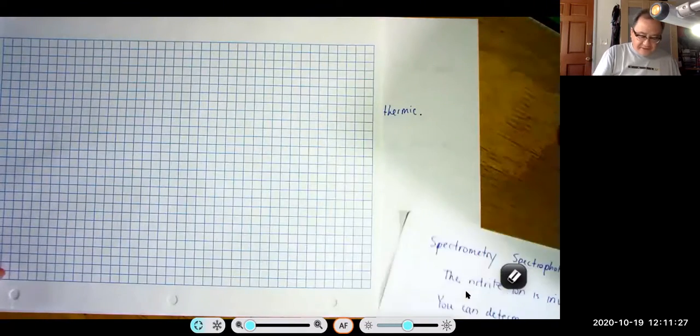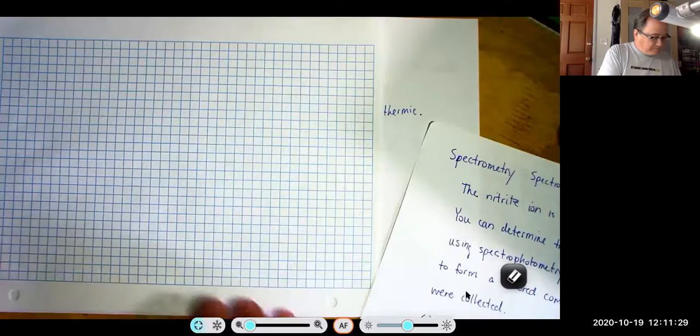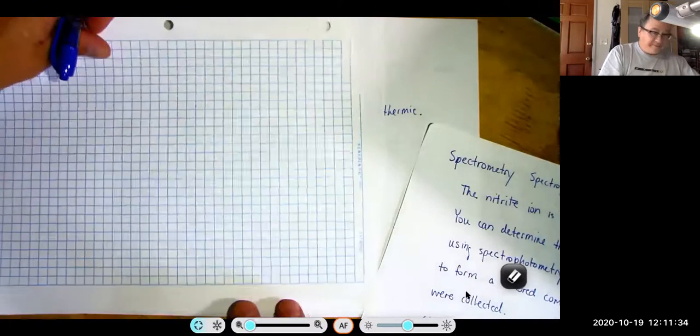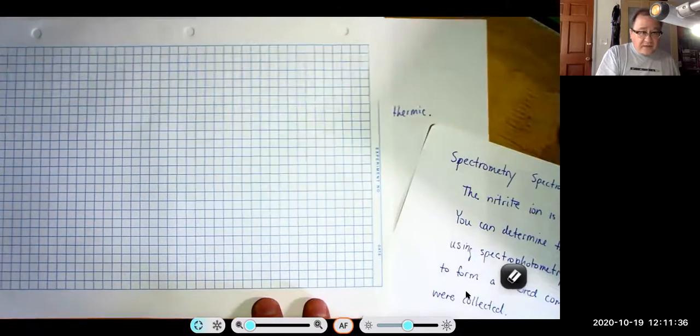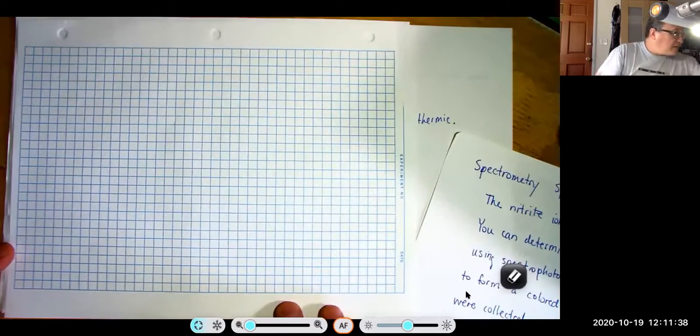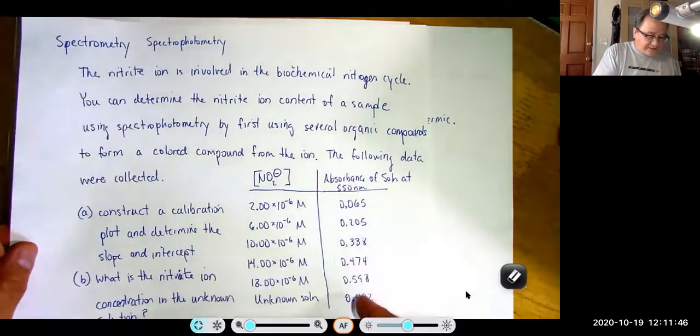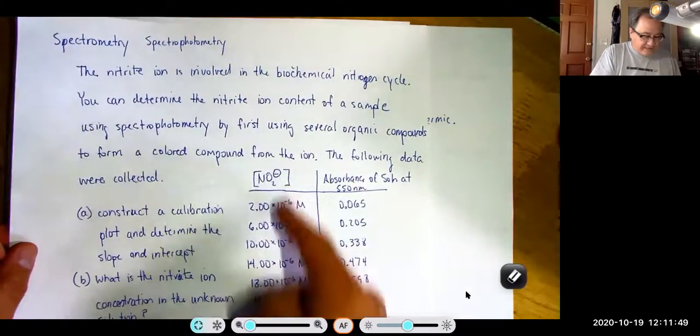So what I have here is a piece of graph paper. I'm going to flip this around. And what we're going to do here is plot this data, and I have a straight edge here. Now, if you take a look at this, we plot absorbance on the y-axis, and we plot concentration on the x-axis.